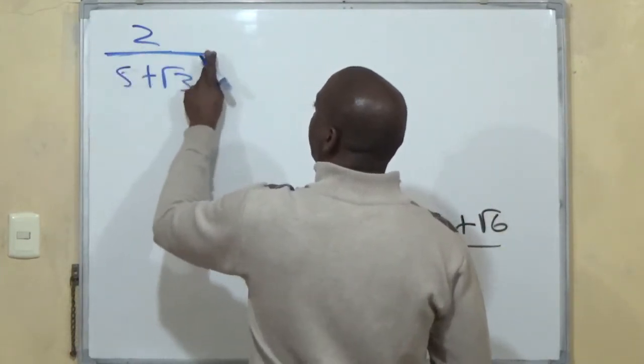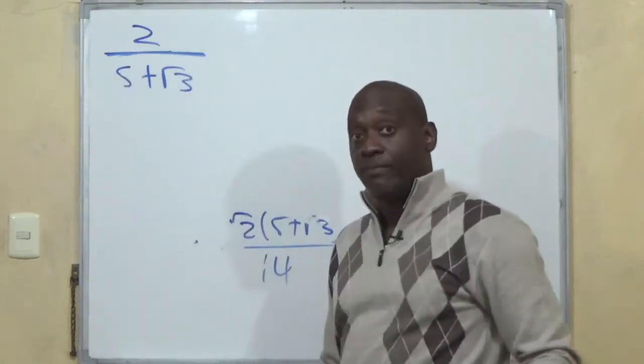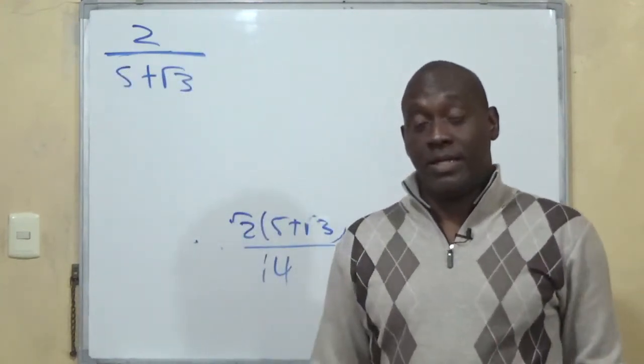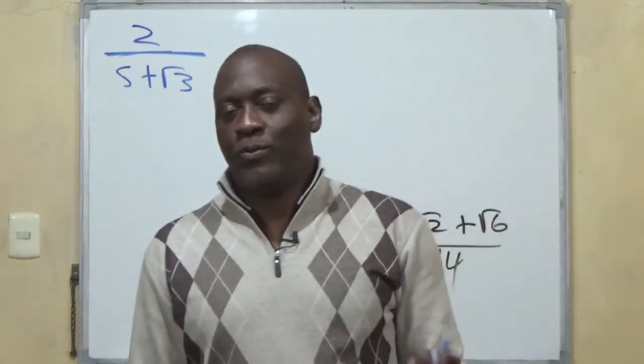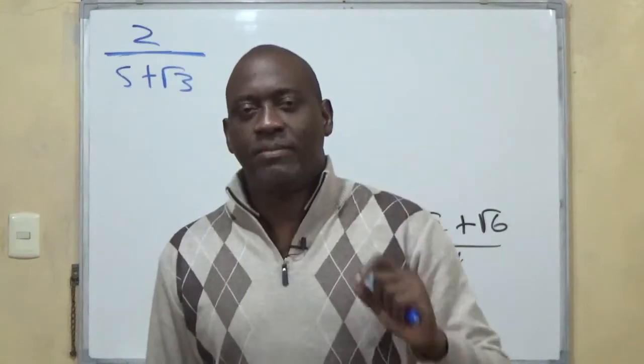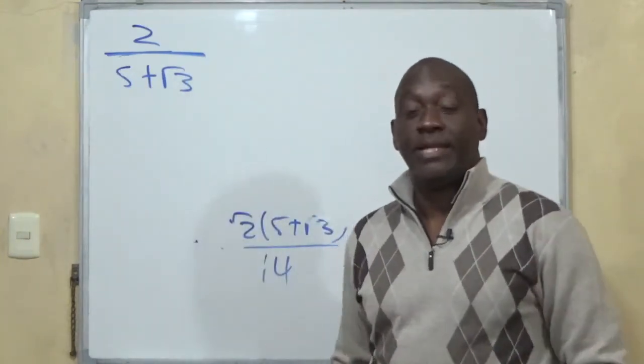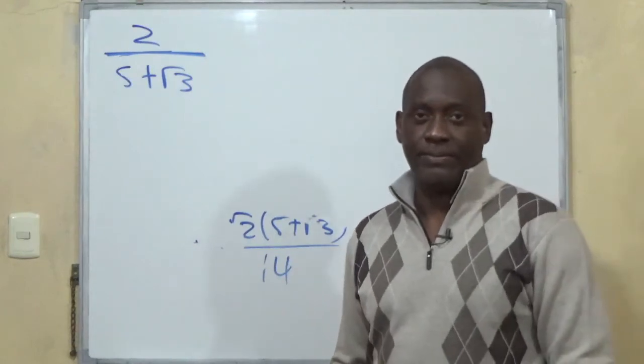Right? And you want to rationalize the denominator so that you have a new fraction with the same value, but the denominator, instead of being a surd, is a rational number.